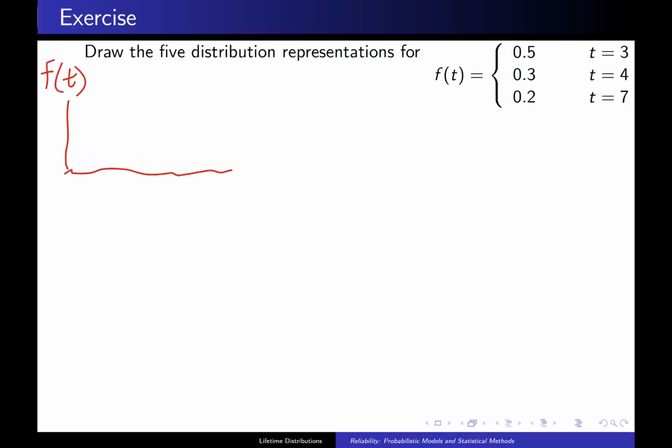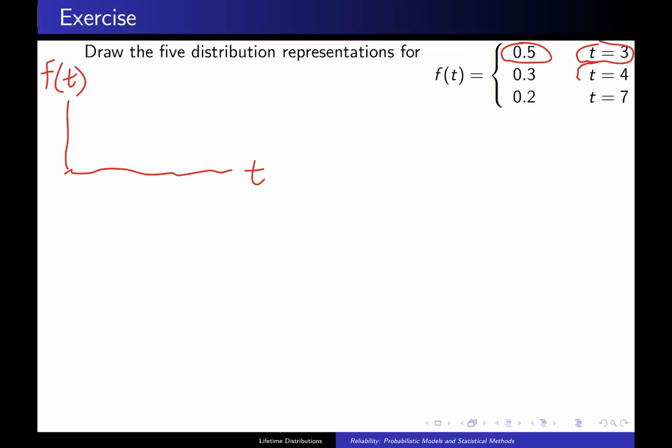And if you want to think of a story that goes behind this, because this is kind of a strange distribution, let's say I take my cell phone and at time 3 I drop it from about 2 feet off the floor, and there is a 50-50 chance that that takes the cell phone out.